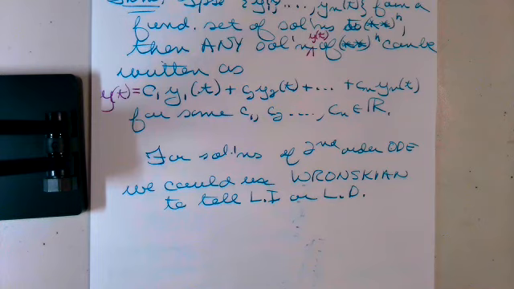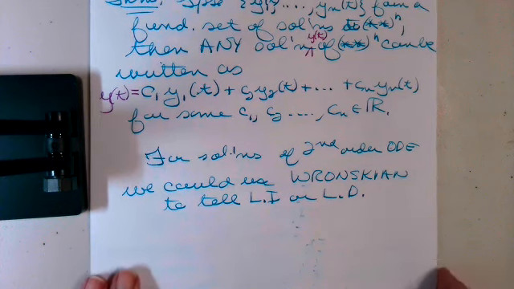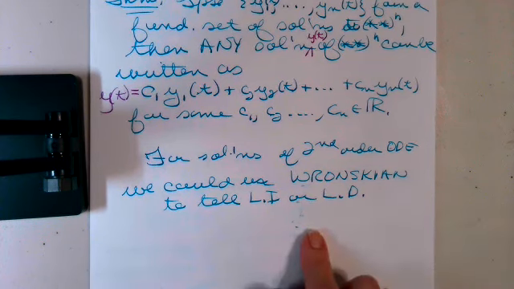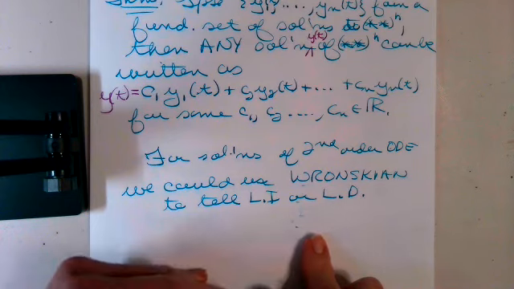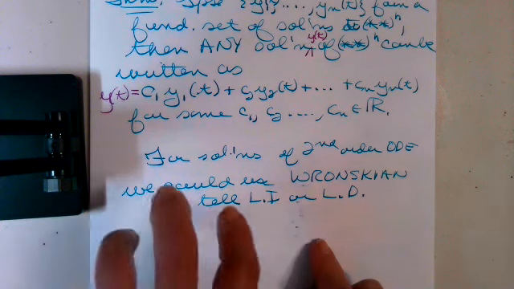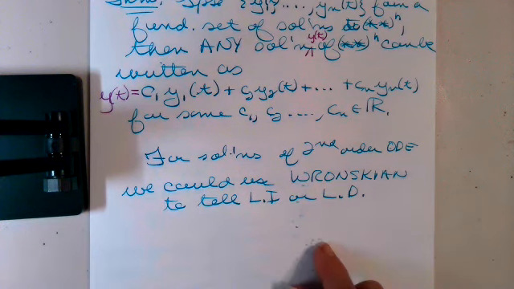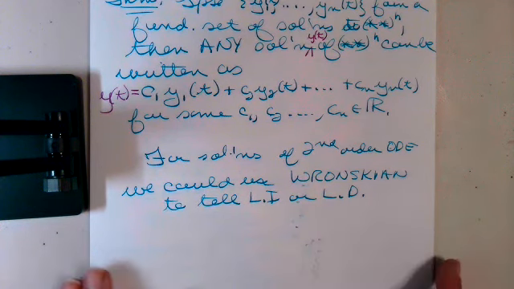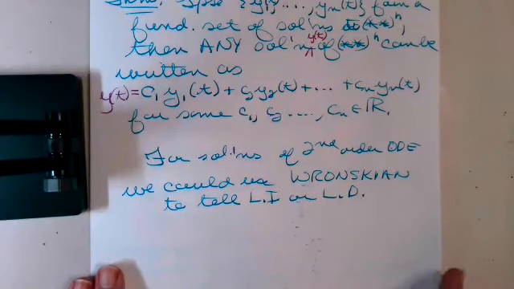But if you say, here's a set of functions and they solve this ODE, are they linearly independent or dependent? It turns out that the Wronskian will give you a way to check for that. What we have to do is learn how to write down the Wronskian for a set of n functions. We learned how to do it for 2, and we'll do that in section, I believe, 4.3.